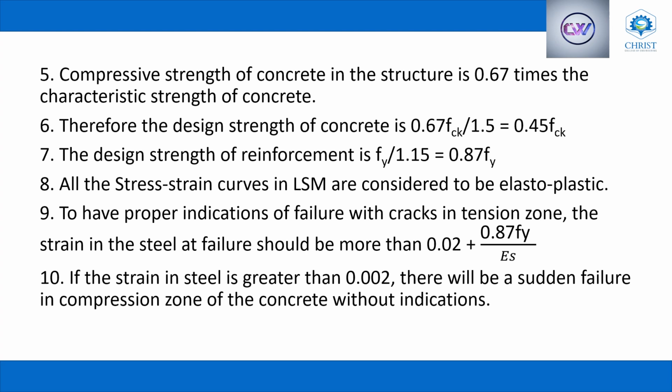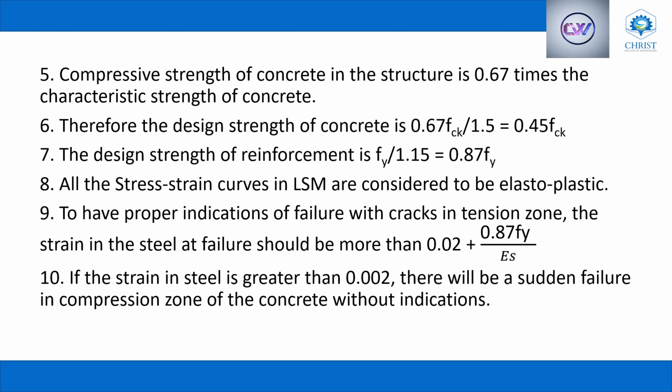Okay, for we are dealing with structure, the beam should be designed as an under reinforced structure. That's why the strain in steel at failure should be more than 0.002 plus 0.87 Fy by Es.